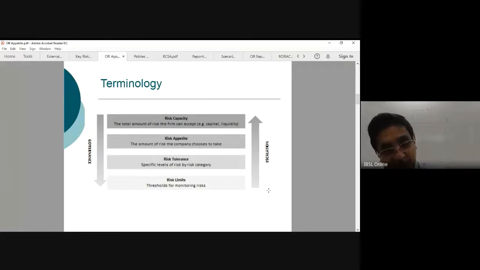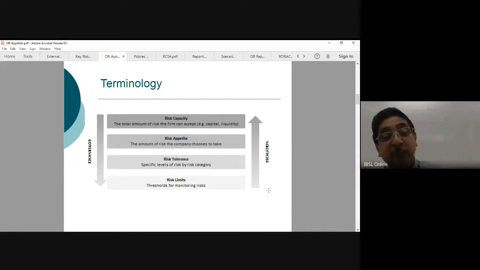So you can put this hierarchy into your mind. When you prepare limits and give them to different divisions of your organization, those limits depend on your risk appetite in the first place.